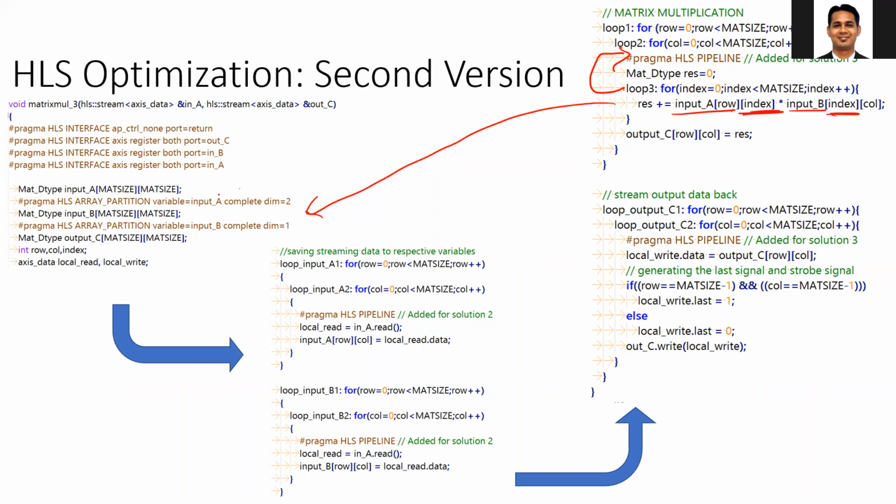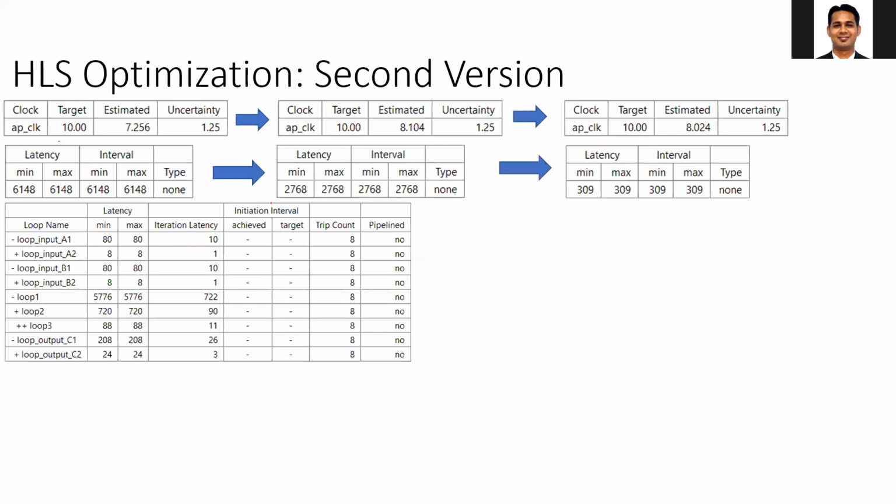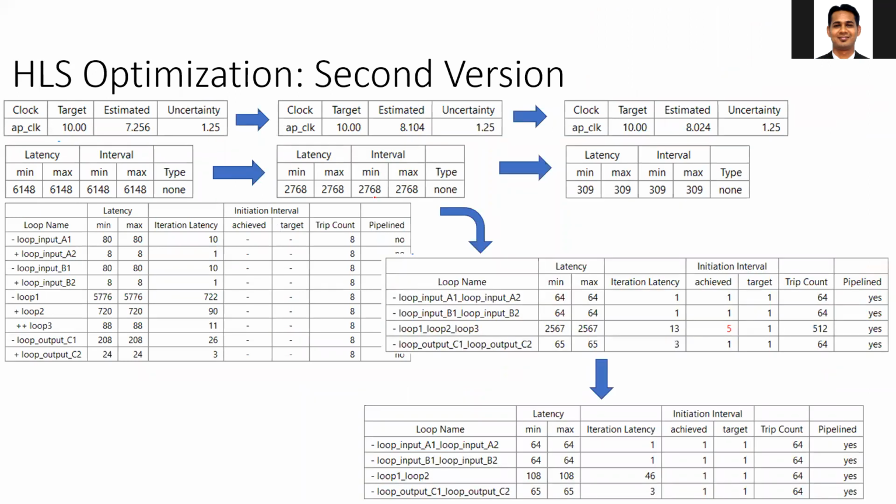Here I'm partitioning the array completely in dimension 2, and in case of B, I'm partitioning the array completely in dimension 1, so that all the elements are available. The advantage is that if you see the results, my latency has reduced from 2678 to 309, and this has happened because of this operation.